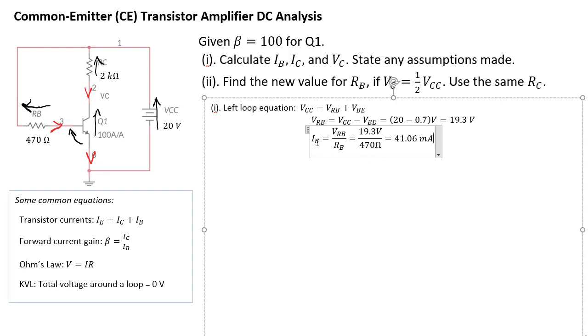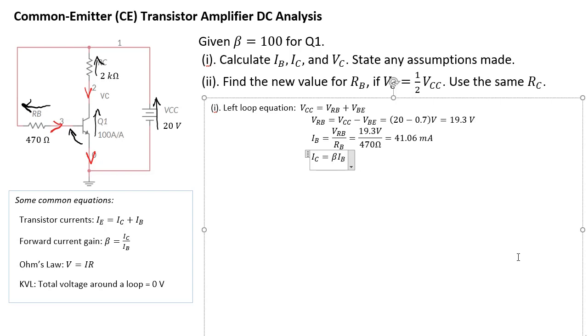Since we know what IB is and we know what beta is, we can calculate IC using the forward current gain equation. IC is equal to beta times IB.